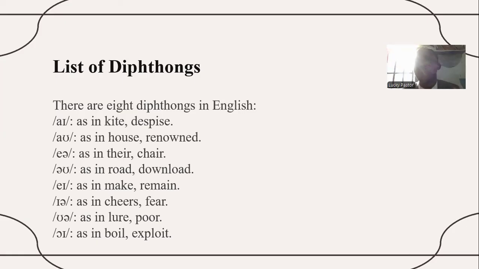Then we have another sound, "ow", a glide from the "ah" sound to the "oo" sound. You can find this sound in words like house and renowned. These are words you can find the "ow" sound in, a glide from ah to oo.